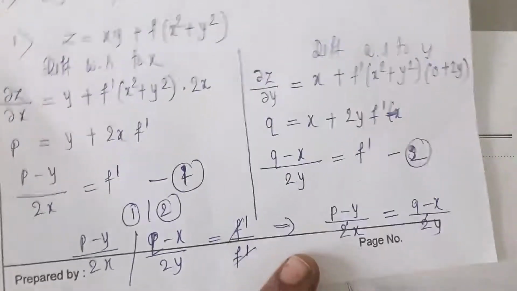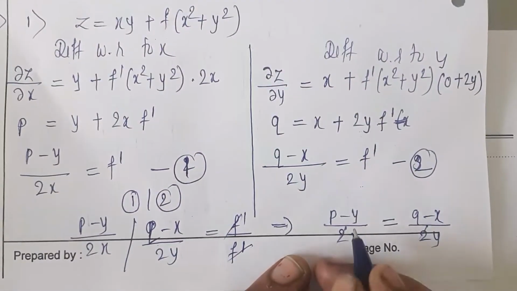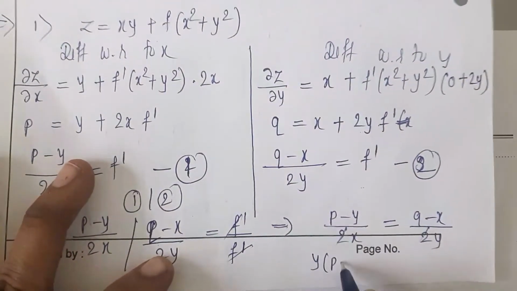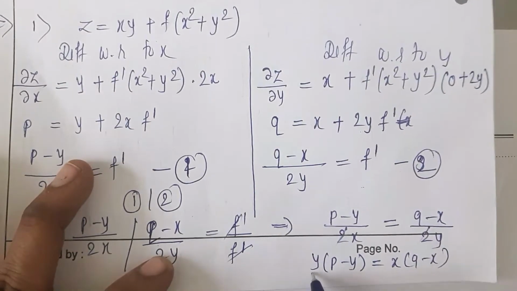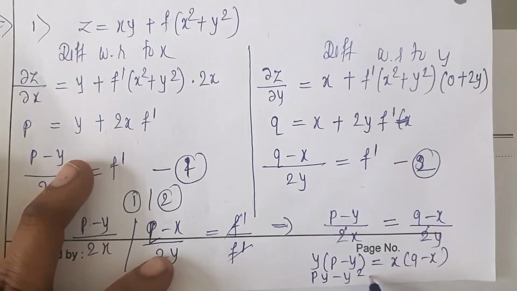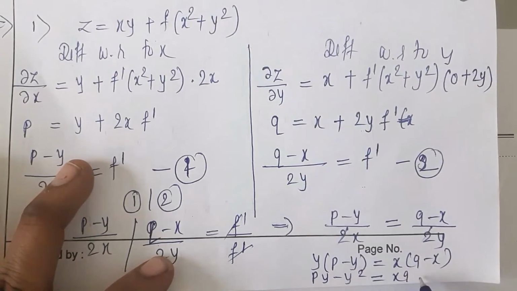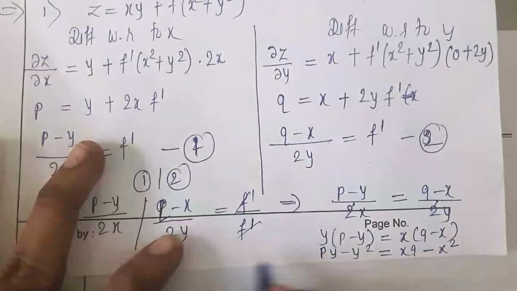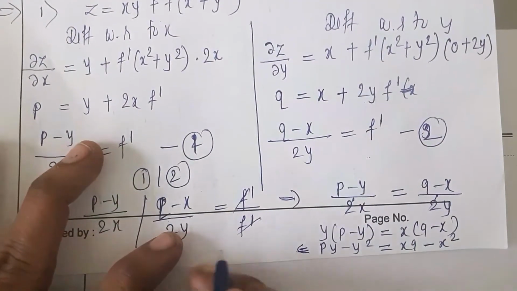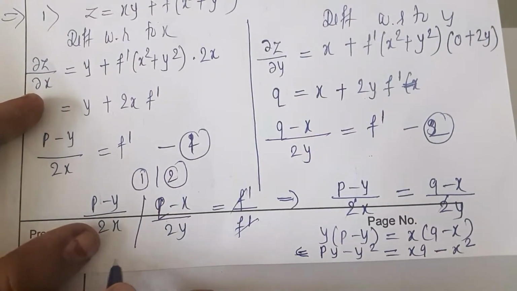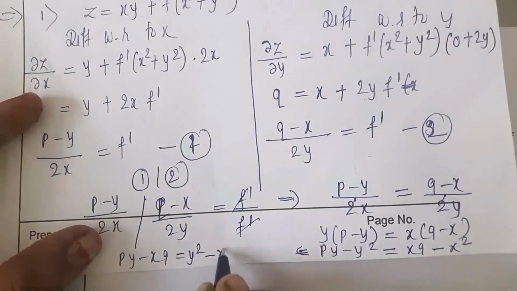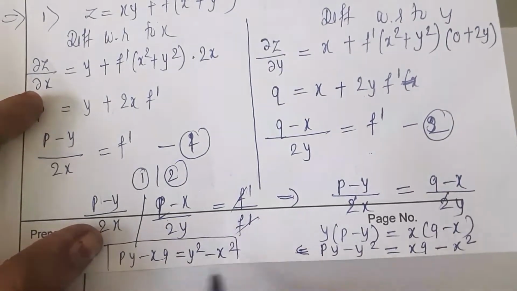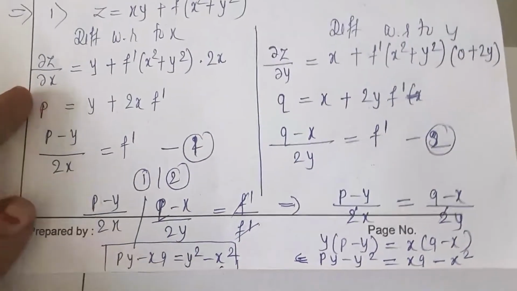So this 2 gets cancelled, multiplied by y. So y multiplied by p minus y is equal to x multiplied by q minus x. Simplify it: py minus y square is equal to xq minus x square. So you can write this as py minus xq is equal to y square minus x square. So this is the partial differential equation after eliminating the arbitrary function.